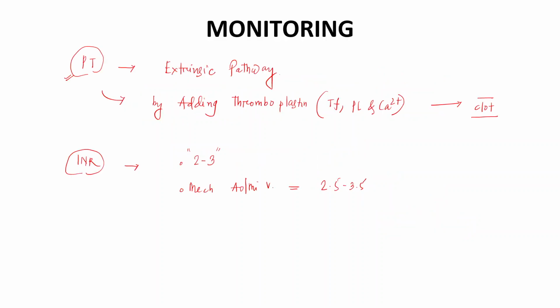One thing I'll just mention here. Usually the starting dose of warfarin is 5 to 10 mg, and then we will check INR. Most of the times, around 5 to 6 days, it will come to the therapeutic range of 2 to 3, and then we can continue the same dose.